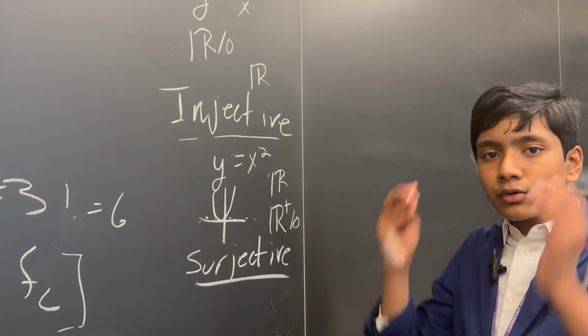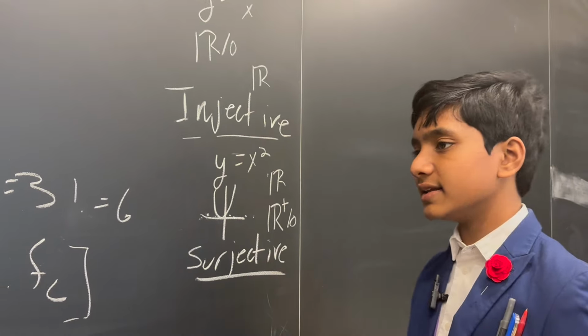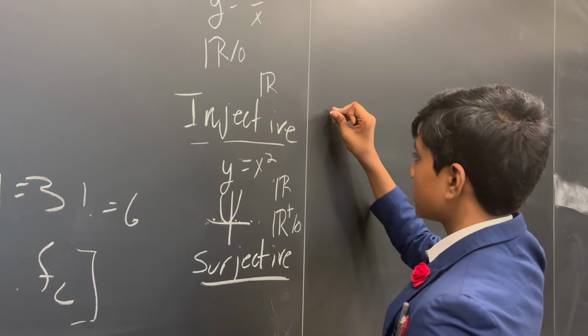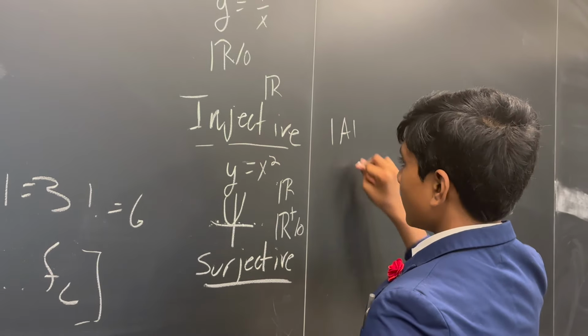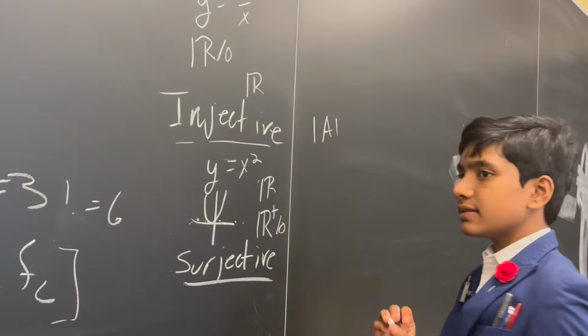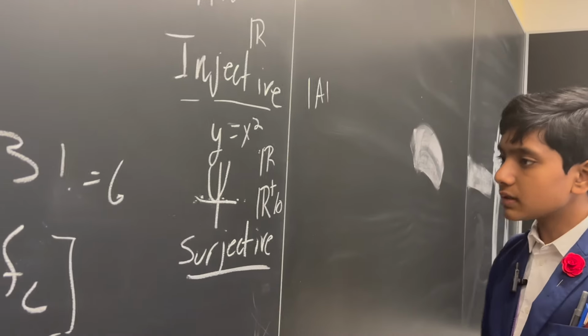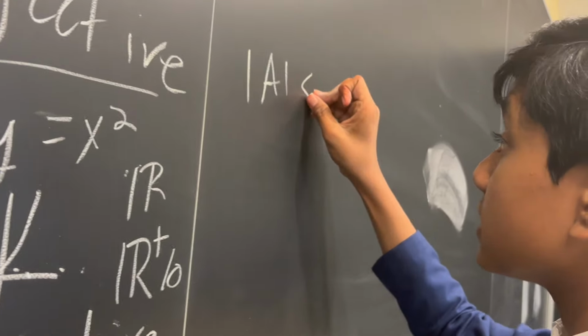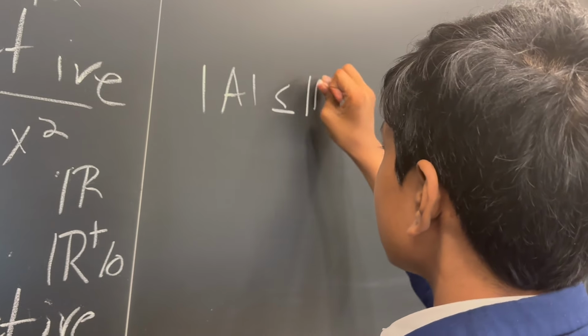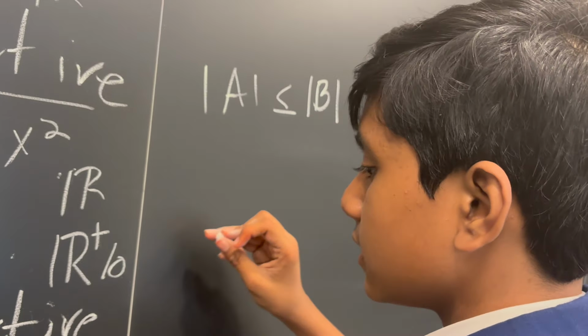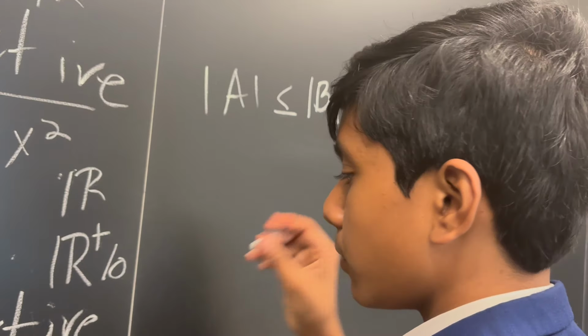And you can remember it even easier if we're dealing with finite sets, which we won't often be dealing with. If it's injective, that means that the cardinality of the domain is less than or equal to the cardinality of the codomain. That's an important part.